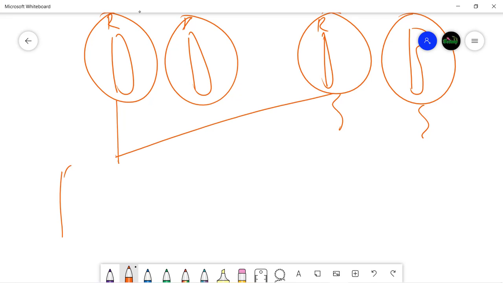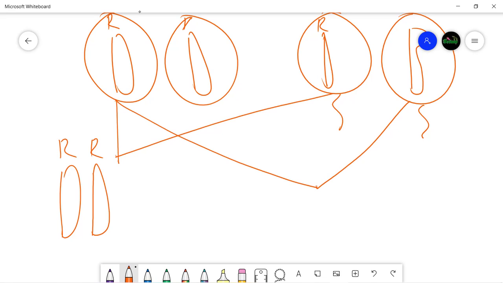We get a female, and as you can see, it is carrying both dominant alleles, so it will be red-eyed. But this particular egg can also be fertilized by this particular sperm, so we get a male which is also red-eyed.